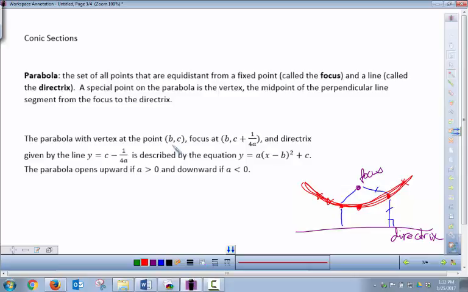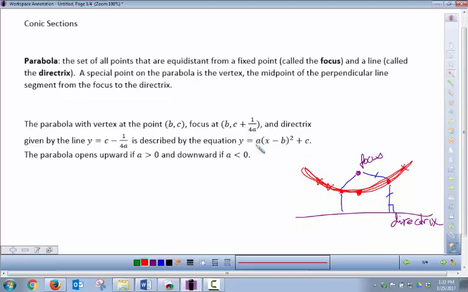A parabola with a vertex point at (b, c) and a focus at (b, c plus 1 over 4a), and the directrix given by the line y equals c minus 1 over 4a, is described by this equation. The parabola opens upwards if a is positive, downwards if a is negative.